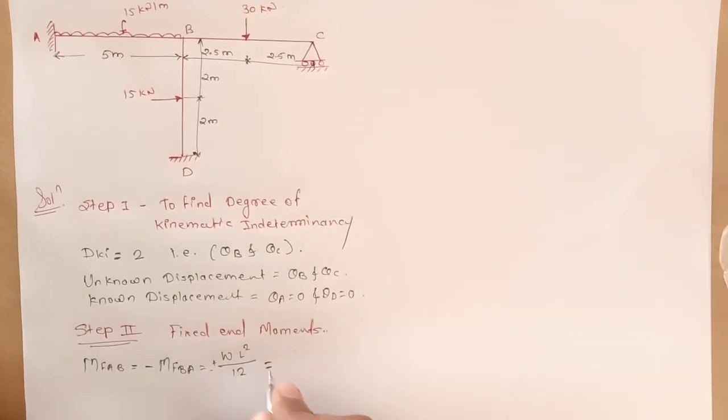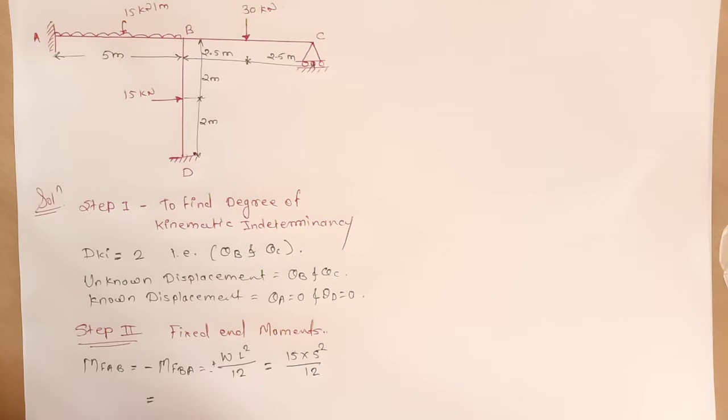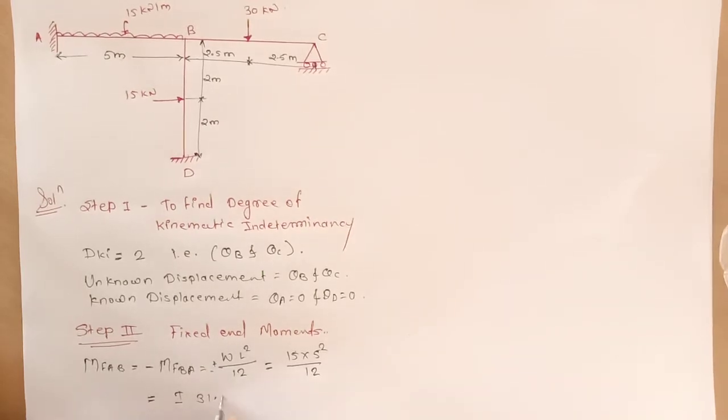So here W is 15 multiplied by 5 square divided by 12. So the answer is fixed end moment for member AB is equal to minus fixed end moment for member BA, equal to plus or minus 31.25 kilonewton meter.